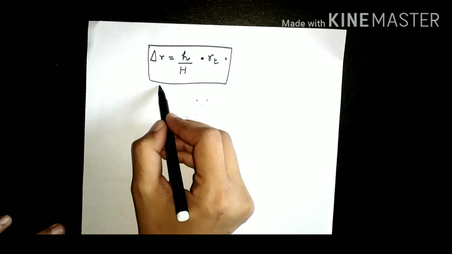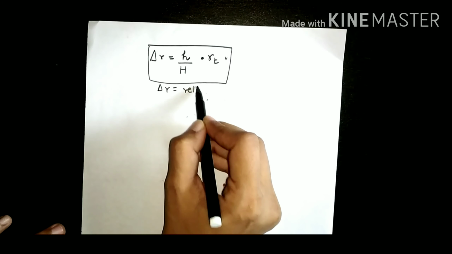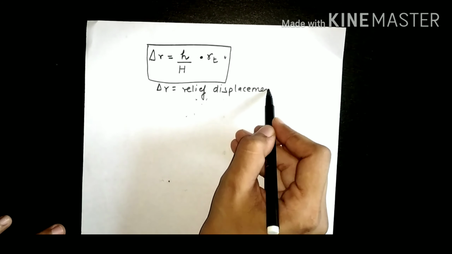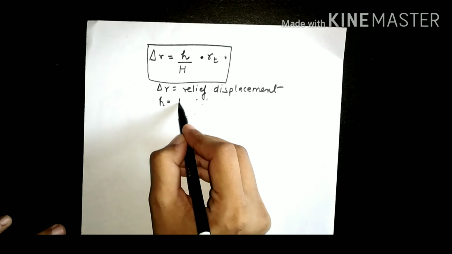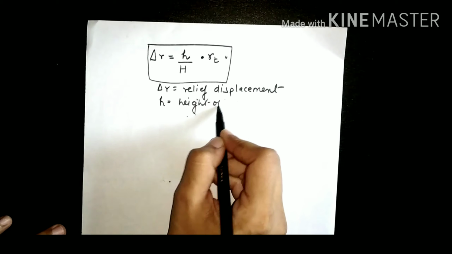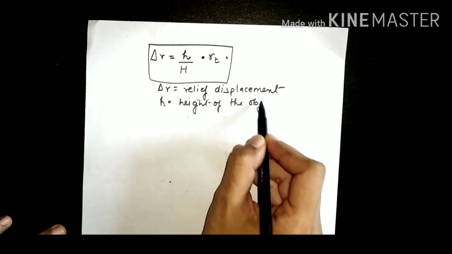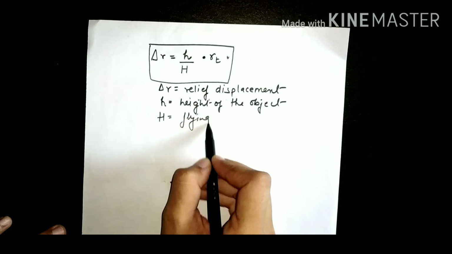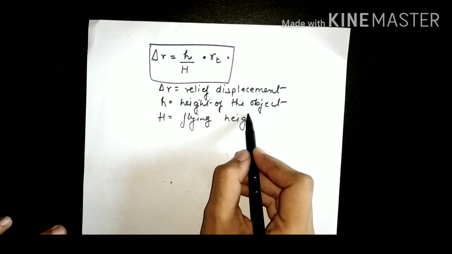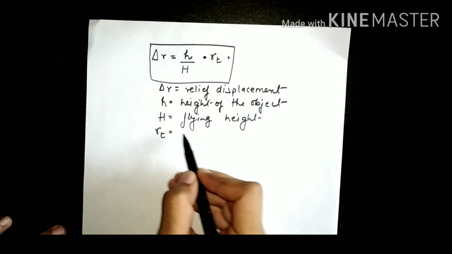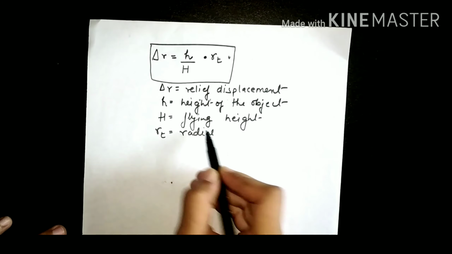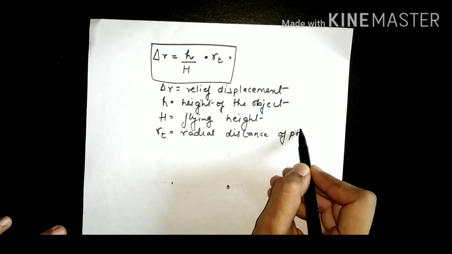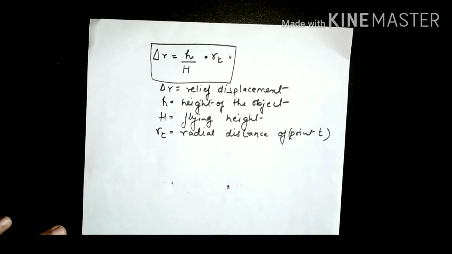Delta R is the relief displacement, small h is the height of the building or height of the object which is to be photographed, capital H is the flying height, and RT is the radial distance of point T.